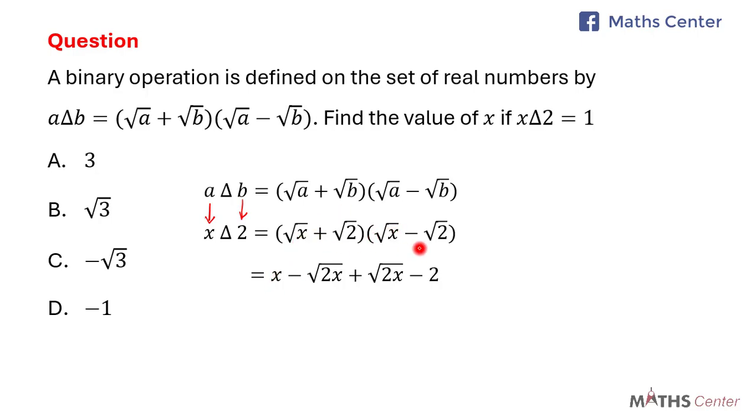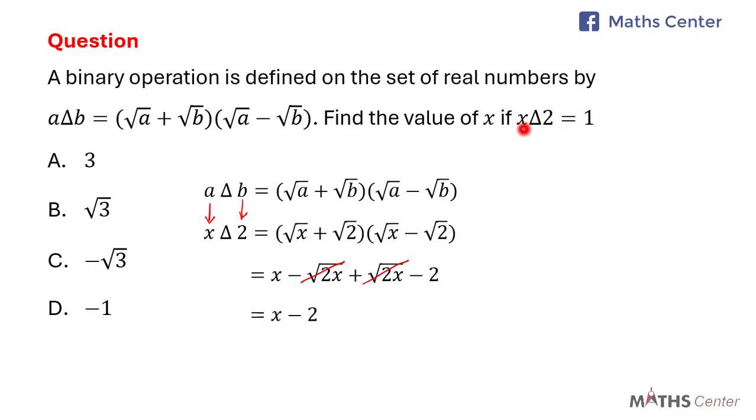Square root of x times negative square root of 2 gives us negative square root of 2x. Then square root of 2 times square root of x gives us square root of 2x. Square root of 2 times negative square root of 2 gives us -2. So as we can see, negative square root of 2x and positive square root of 2x will be gone. And so we will be left with x minus 2.